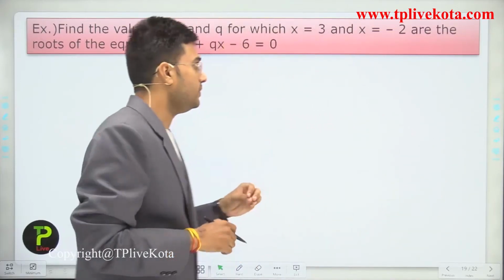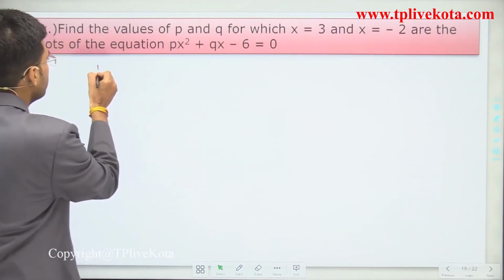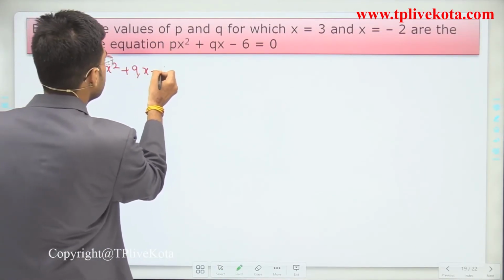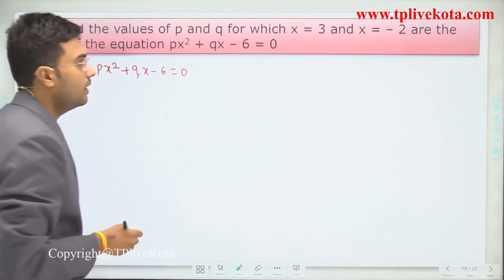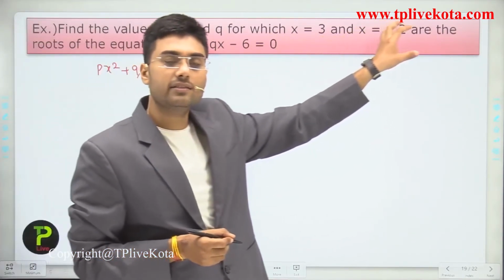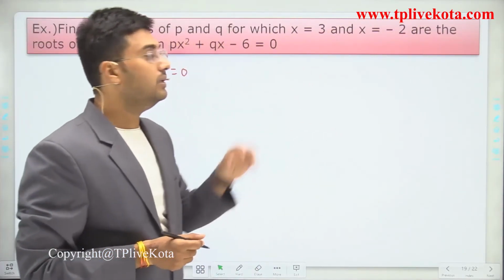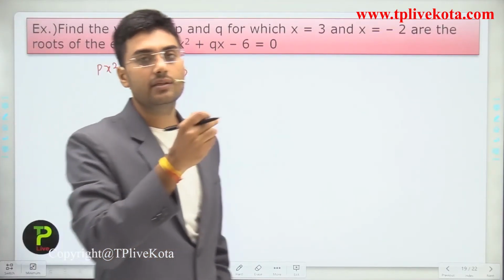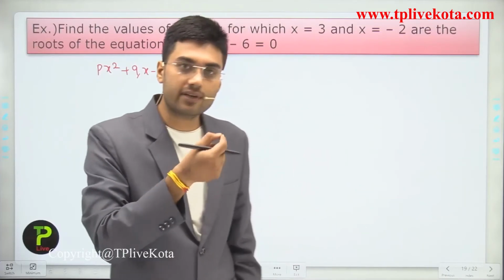So we have the equation px square plus qx minus 6 equals 0, and x is equal to 3 and x is equal to -2 are the roots of this equation. If these are the roots, then these two values of x satisfy this equation.